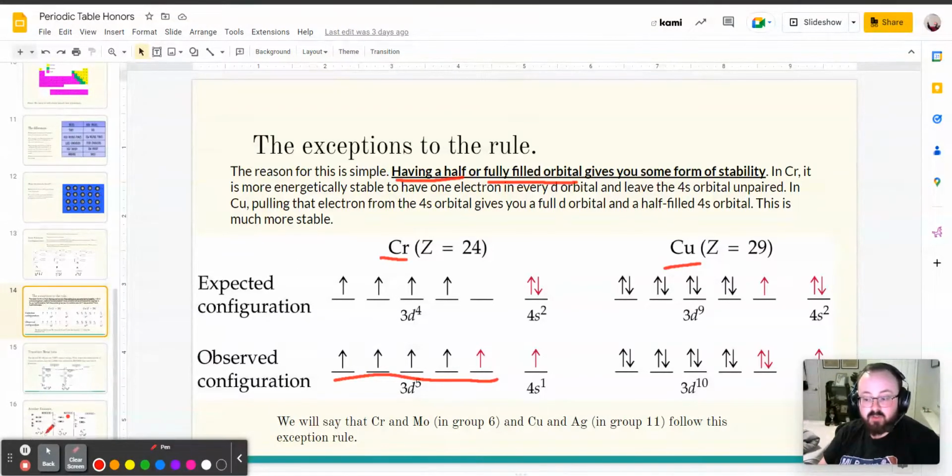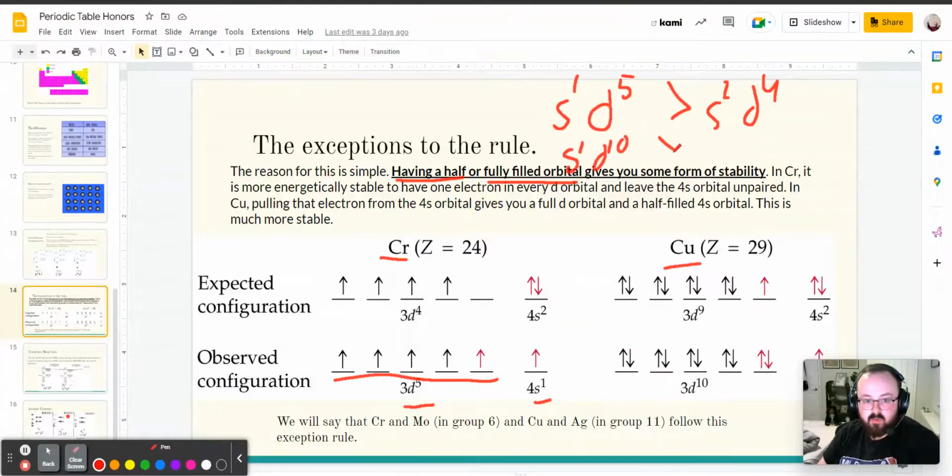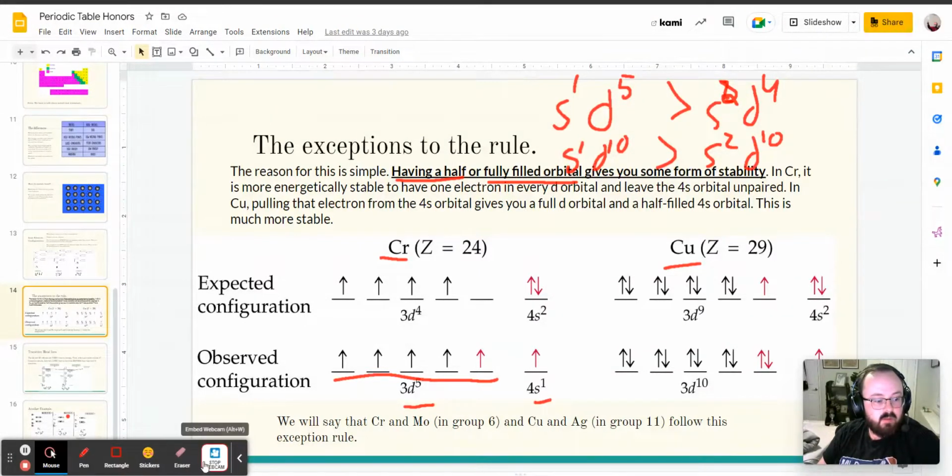I would just expect you to know the outcome from this is that in this instance, s1 d5 is more stable than s2 d4, and s1 d10 is more stable than s2 d9.